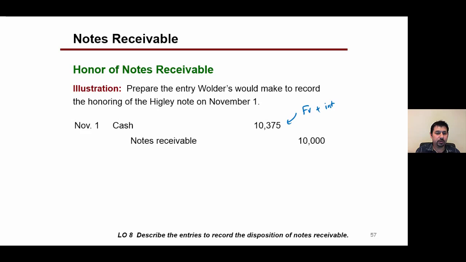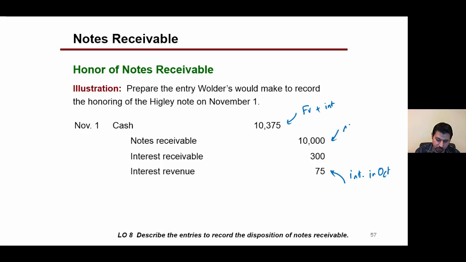The company will also credit interest receivable. This is to decrease the interest that was accrued but not paid up to the end of September 30th, and the company will also credit interest revenue 75. This is for the interest in October.